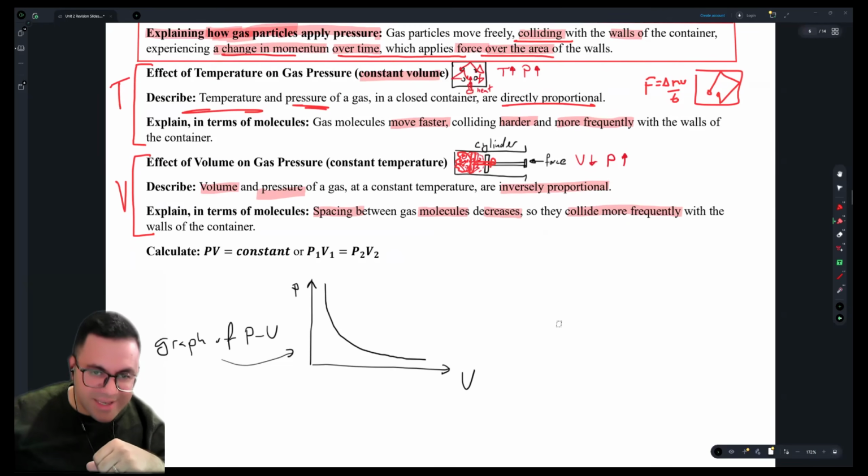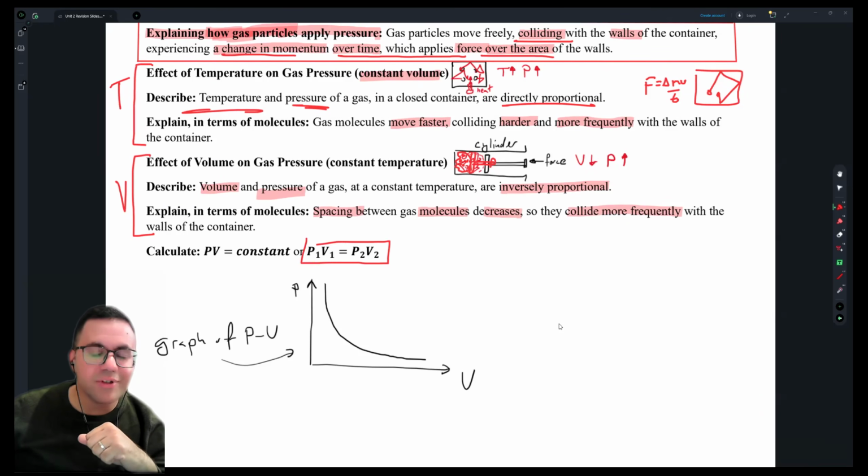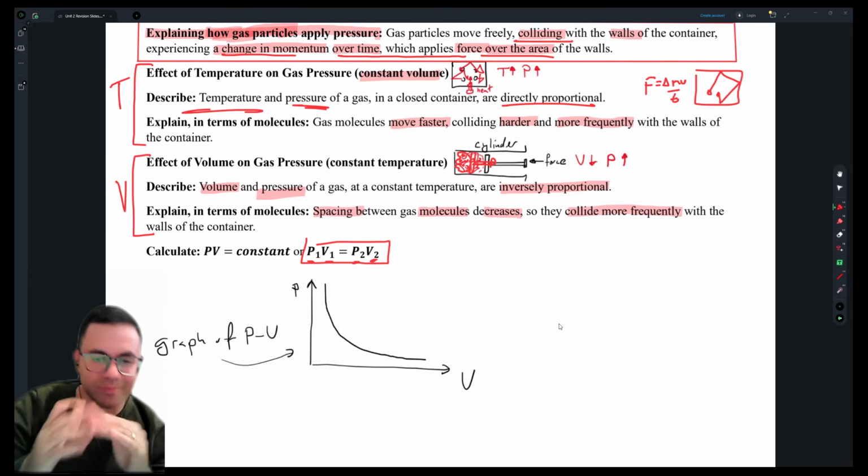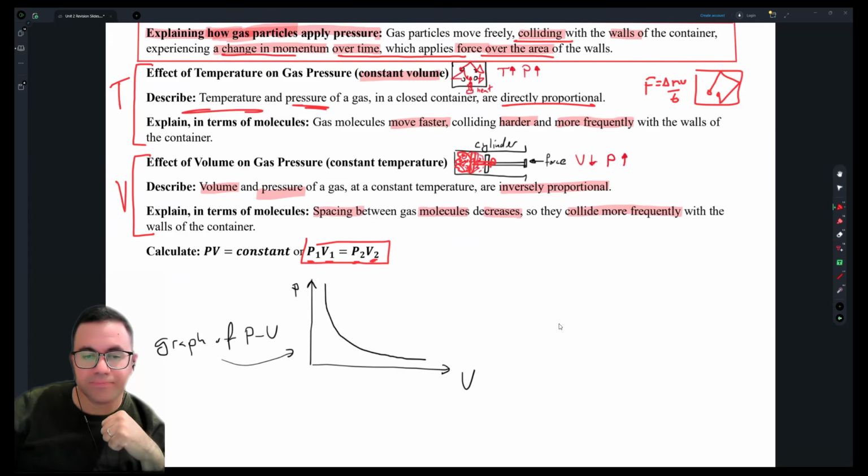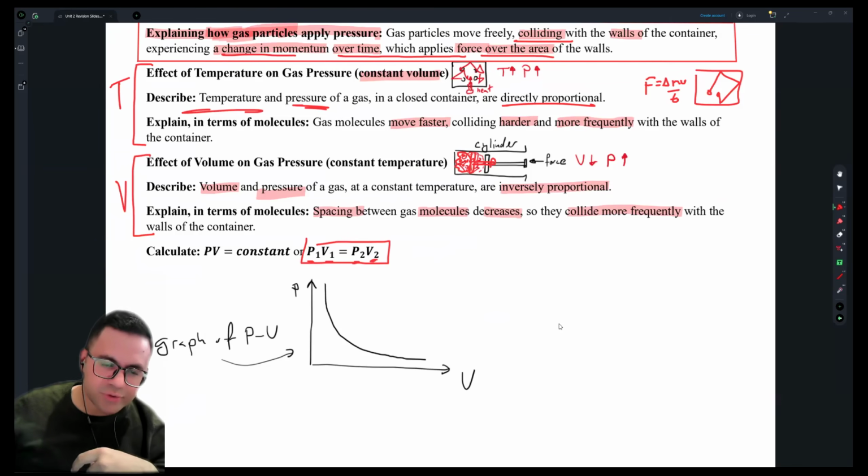Finally, this last relationship has an equation or a rule behind it, which is PV equals constant, or my favorite, P1V1 equals P2V2, meaning the pressure times volume before a compression is equal to the pressure times volume after you compress it. Okay? Sometimes, and this is often shown in multiple choice questions, I can ask you to choose a graph which represents the relationship between pressure and volume.